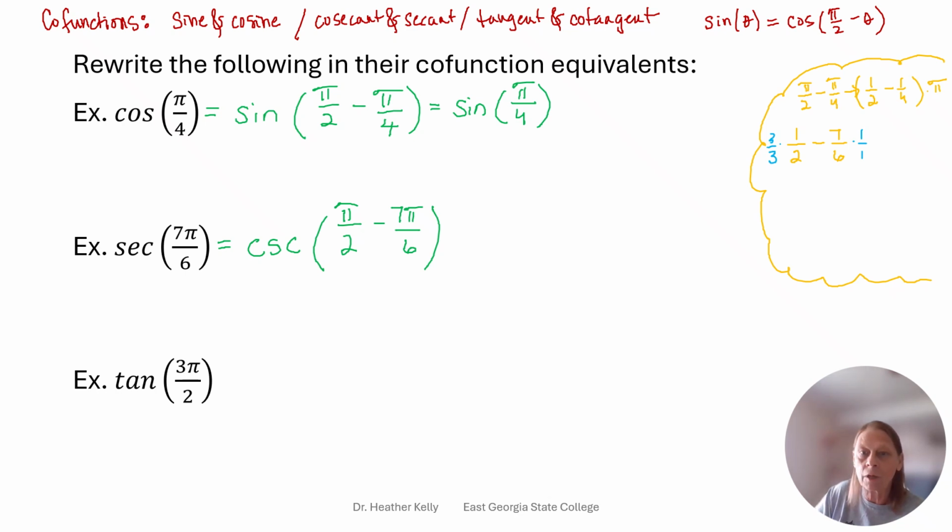And so then I wind up with 3 minus 7 over 6, which is negative 4 over 6, which is negative 2/3. So this is going to be equal to the cosecant of negative 2 pi over 3.